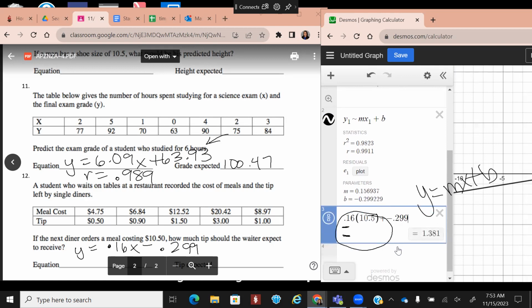And that gives me 1.381. What is my R value? What's my correlation coefficient for this one? 0.991. Okay. So the correlation coefficient is found right here.